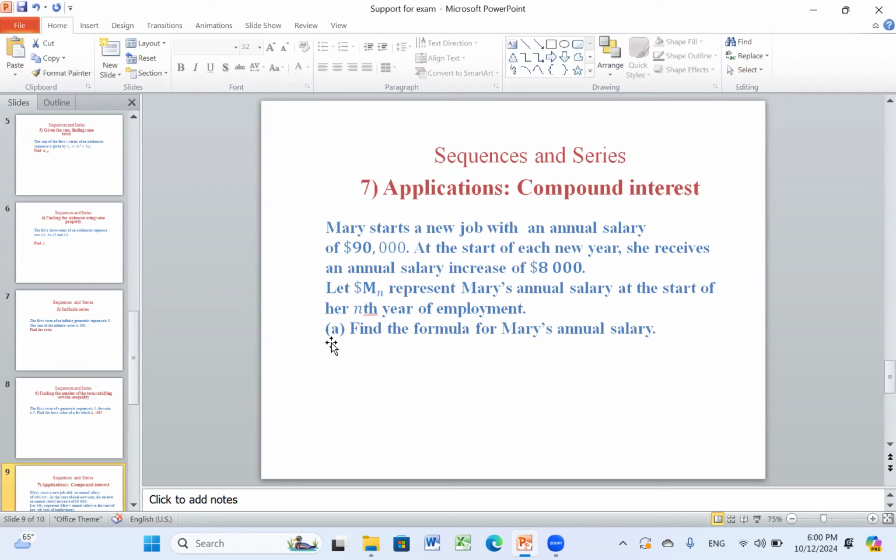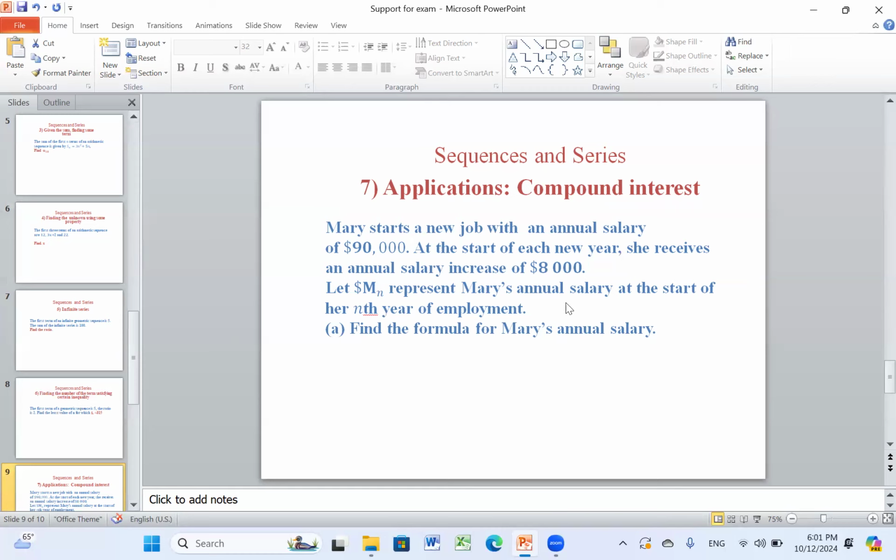At the start of each new year, Mary receives an annual salary increase of $8,000. So here, we are given an increasing number. Each year, the number increases by a certain amount. It can also increase by a percentage. We are going to look at that case also.